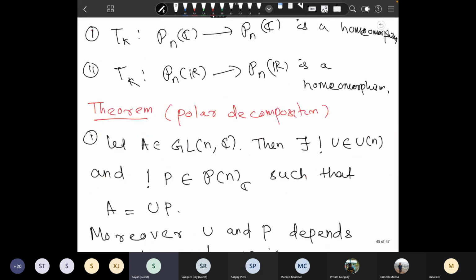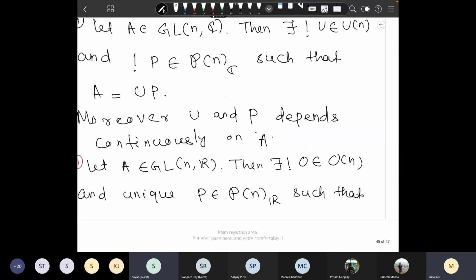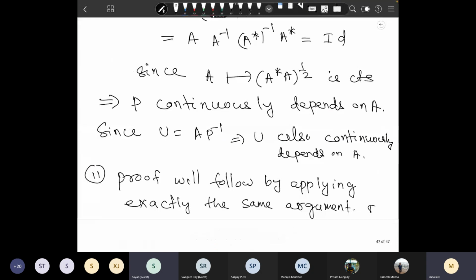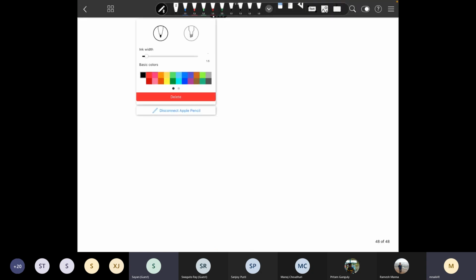So this finishes the proof of polar decomposition. Now I want to draw some important consequences. So first, polar decomposition.